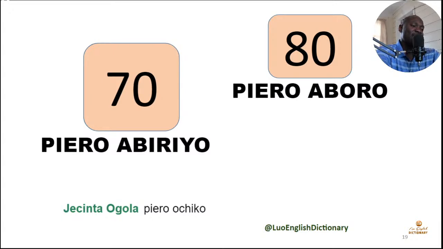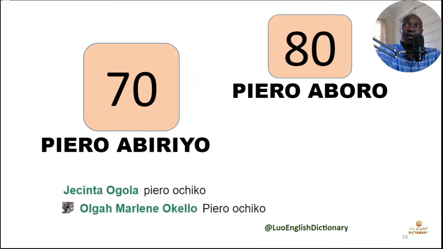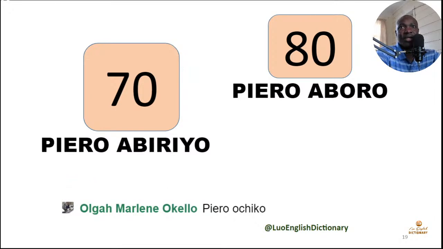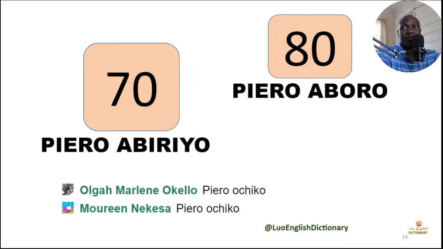So that is 9 tenths. Olga says Piero ochiko. Olga Malina, asante sana. Maureen Nekesa, thank you so very much. Piero ochiko, that's 90.